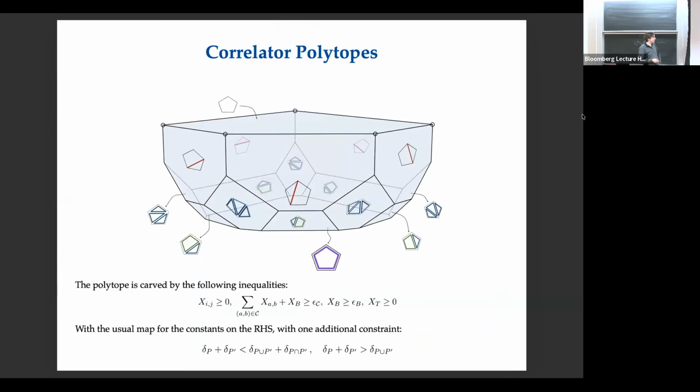For the full correlator, it generalizes in exactly the same way. Again, consider sub-polygons and chords. Those will be the new poles that we have for the correlator. The embedding is pretty much the same, but now we tilt the Cosmohedron facets by some vector like this.